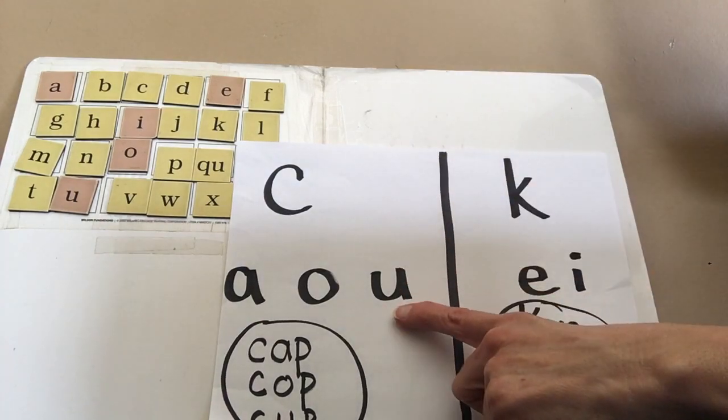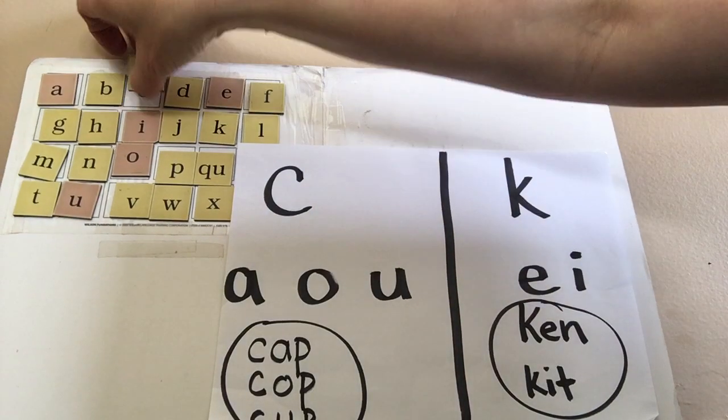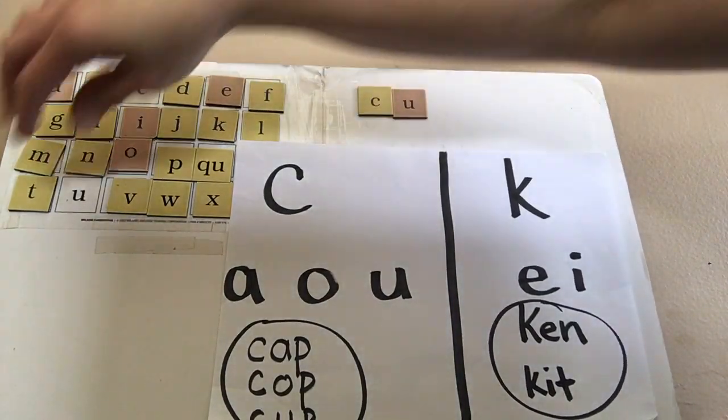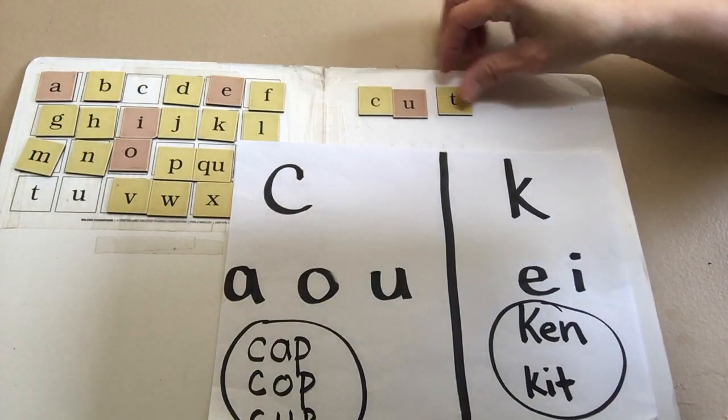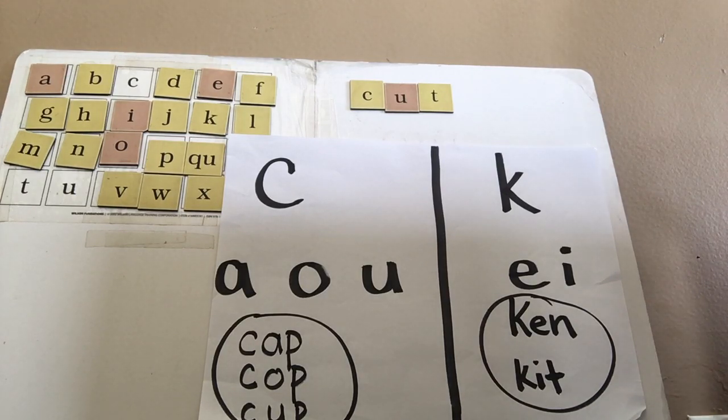That's right, you see U right here. So cut begins with the letter C. So we have C, U, and then the ending sound is T. And what word do we make? Very good. So once again, why did we begin cut with the letter C?